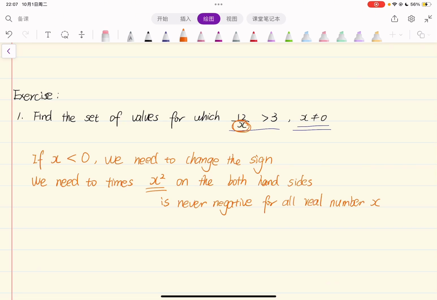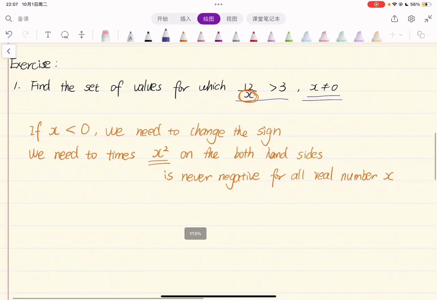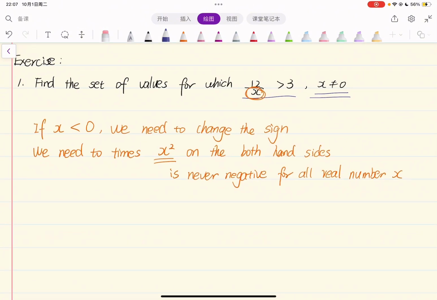So we multiply x squared on both sides. In this case, the sign stays the same. So we write that 12 over x is greater than 3, which implies that 12 over x times x squared is greater than 3 times x squared.